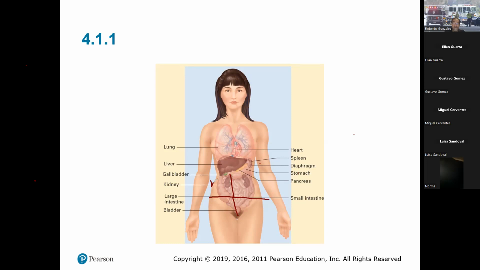So you have the right upper, left upper, right lower, and left lower. And that's basically how you define some of the organs in there.